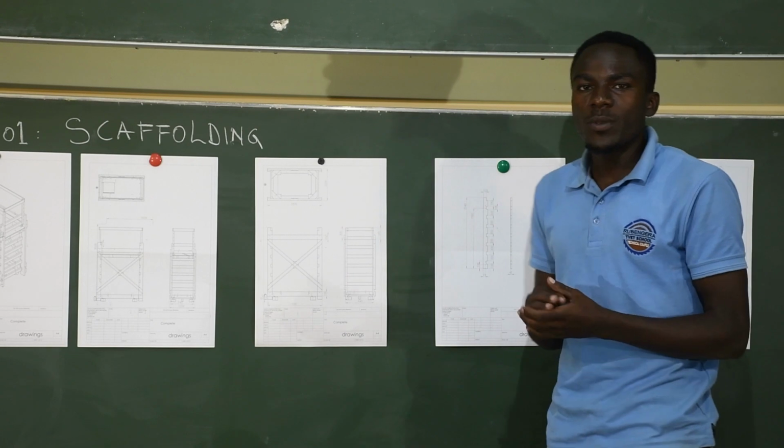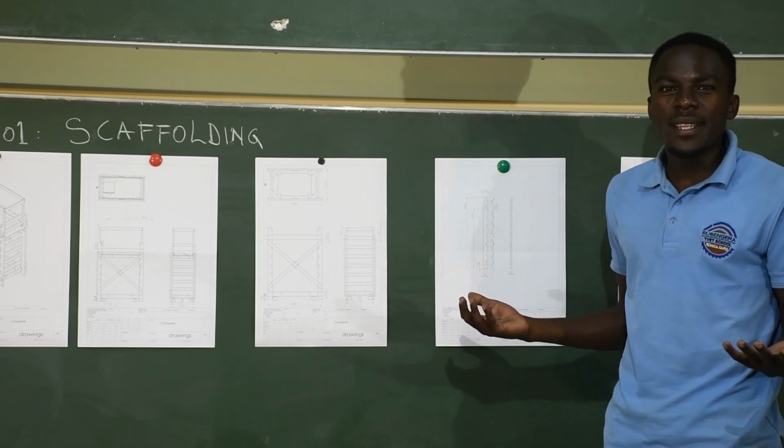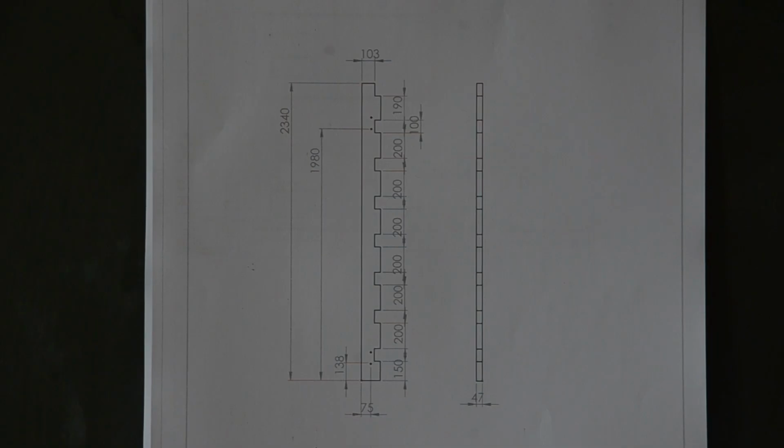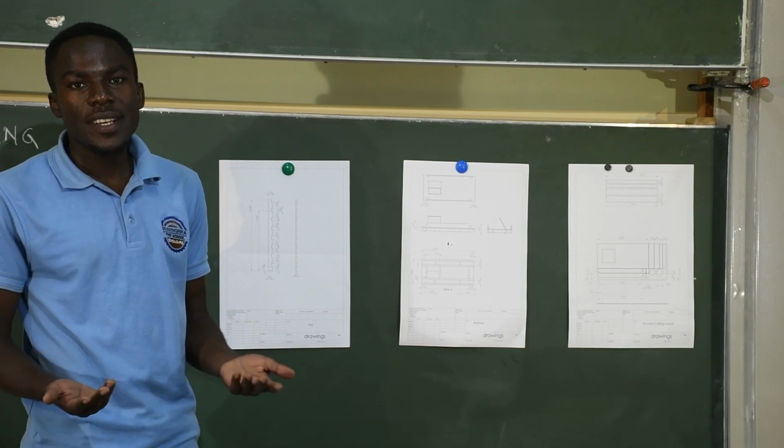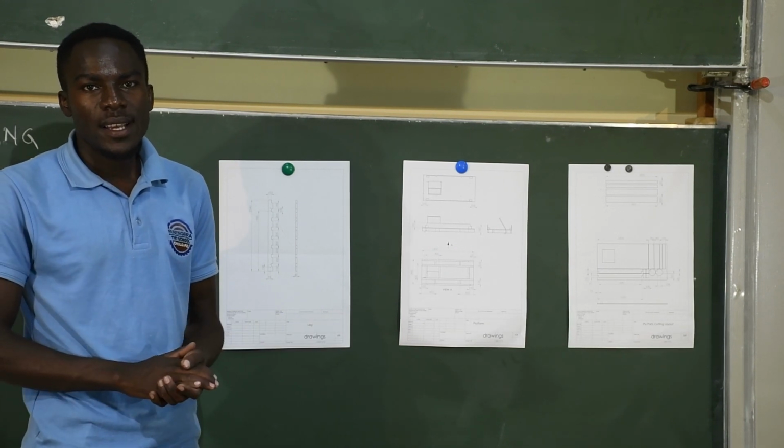Apart from that, we need to show the size and the detailed dimensions on the standard. This standard will show every single detail. If we have standards, we have the position of the ranges and the transoms.